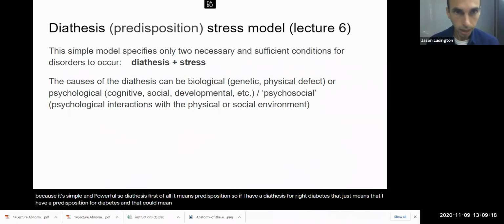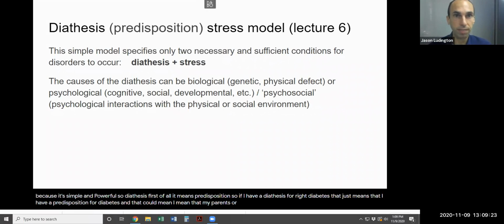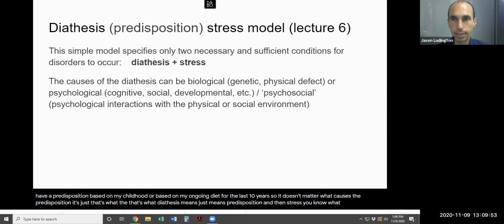And that could mean that my parents or family history includes that disease, or it could be that I have a predisposition based on my childhood or based on my ongoing diet for the last 10 years. So it doesn't matter what causes the predisposition. That's just what diathesis means. It just means predisposition. And then stress, you know what stress is.